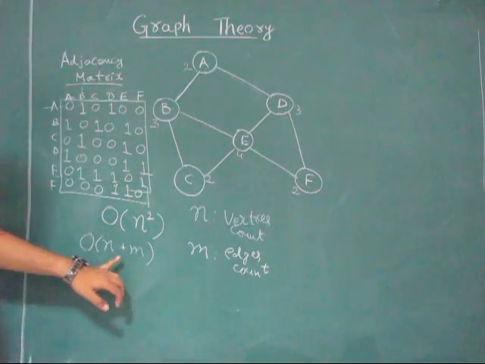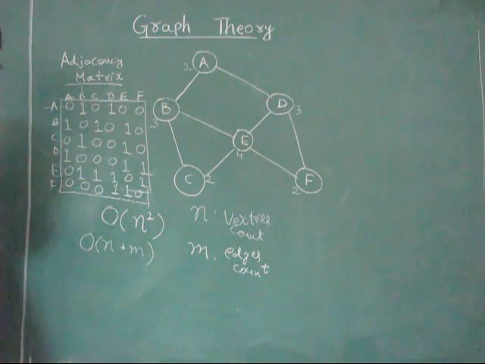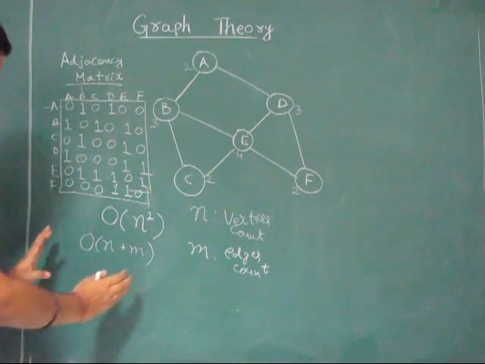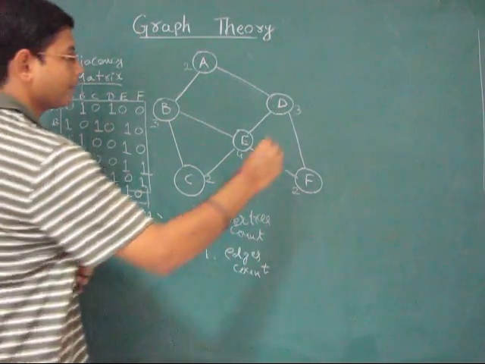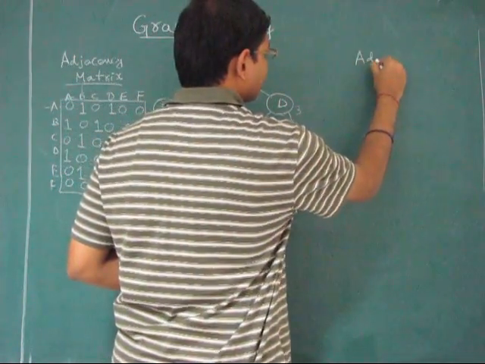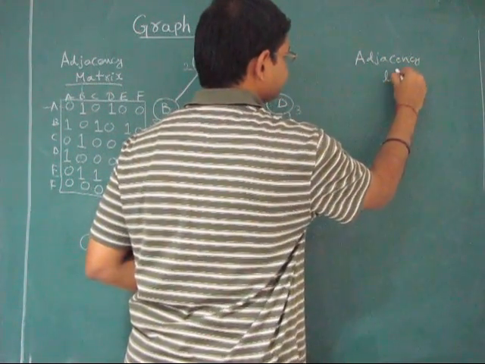So if the number of edges is very few, the adjacency matrix takes up O of n square space, which is very inefficient. So we look at one other way of representing a graph, which takes exactly the amount of space that is actually required. That way of representing is called an adjacency list.